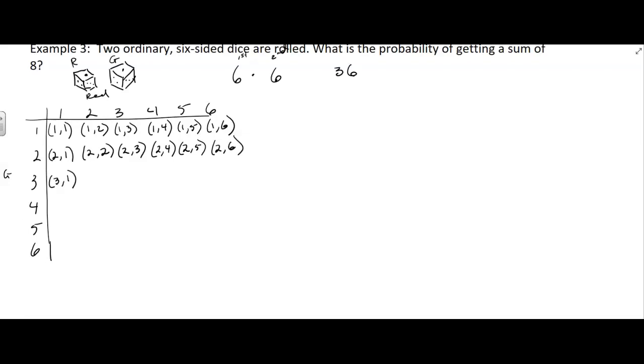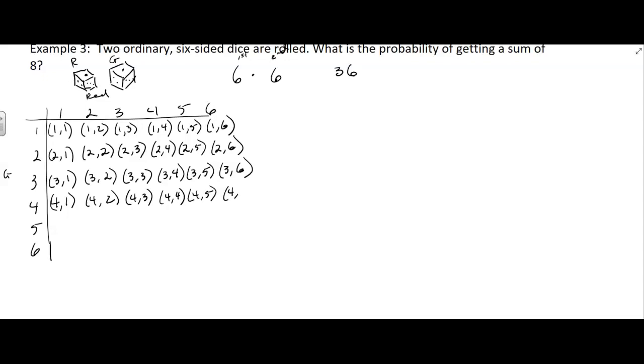And then you have a 3, 1. You can see how this is occurring. You go through all the possibilities for the 3. And then the 4. They list them as ordered pairs just to kind of keep it separated for you. It's a little time consuming here, but in a minute, it'll be helpful.